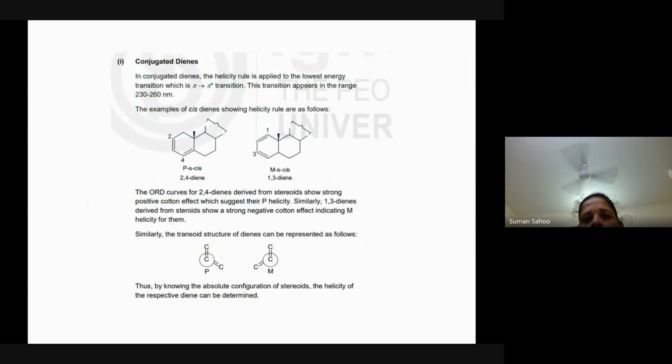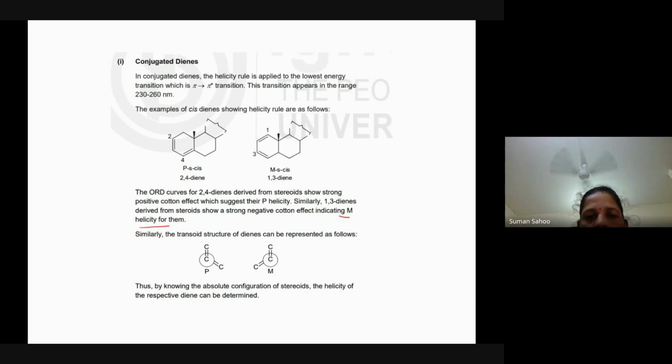If we look at the ORD curves, we know that P helicity gives a positive Cotton effect, and M helicity gives a negative Cotton effect.